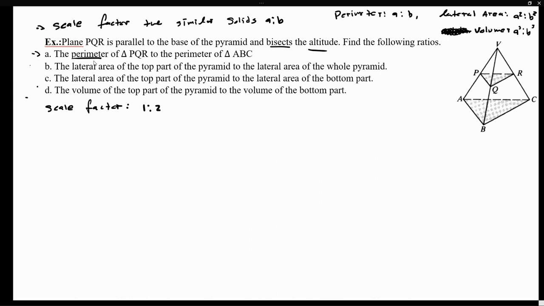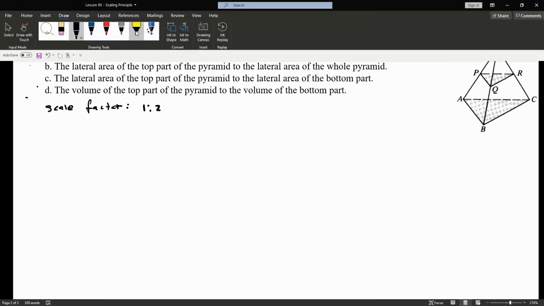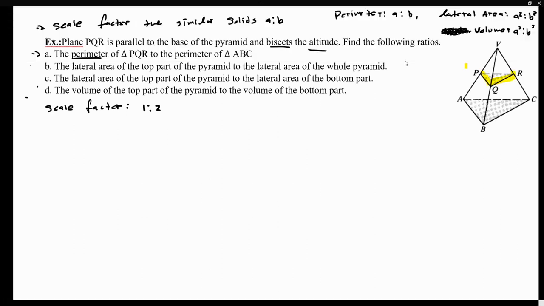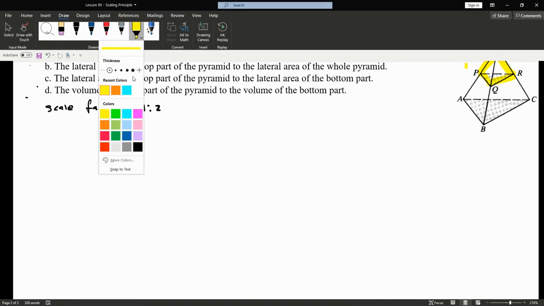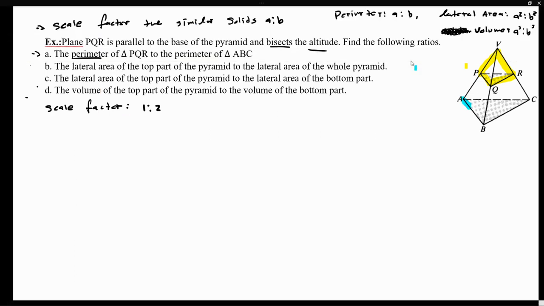Well, the scale factor among these two solids, and let me identify those two solids, we're talking about this solid right here, and this other solid right here. They have a scale factor of 1 to 2. So whatever we have here as 1, the blue is going to be double that.